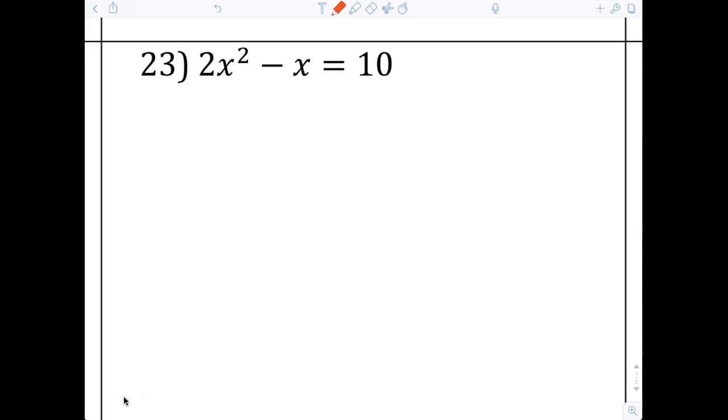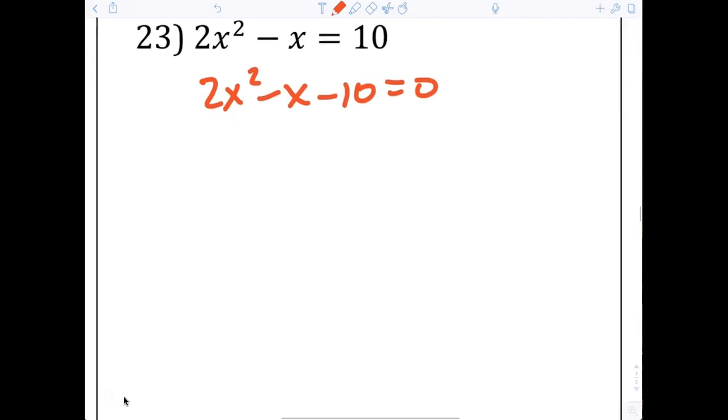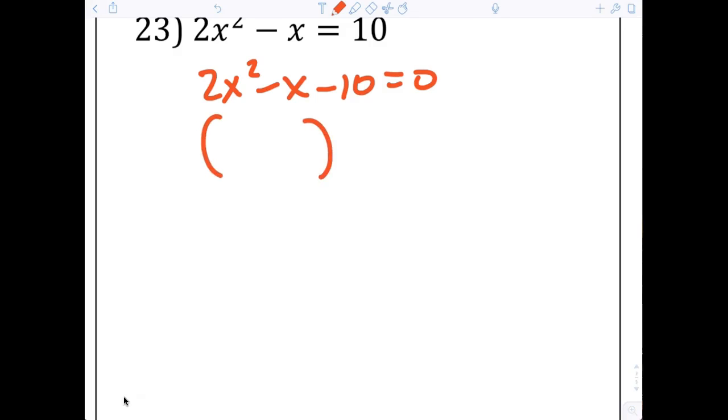So minus 2x squared minus x minus 10 equals 0. Now you're factoring that. So the only way to make 2x squared is with what? 2x and x.